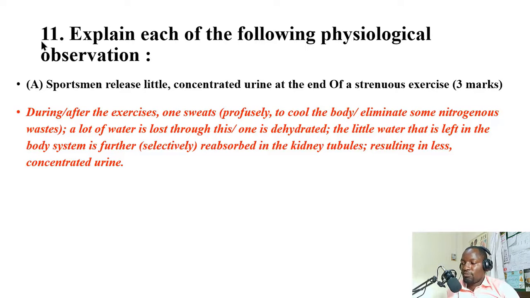A lot of water is lost through this process, and therefore the individual becomes dehydrated. The little water that is left in the body system is further selectively reabsorbed into the kidney tubules, resulting in what we call less concentrated urine.